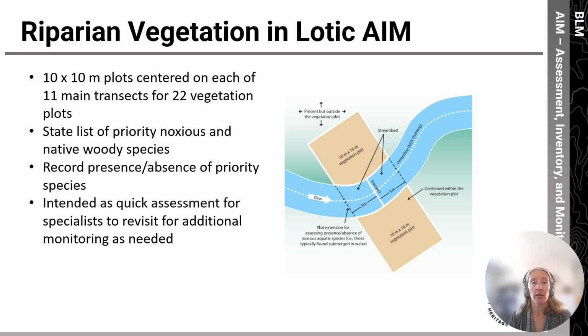Crews are provided and trained on a list of priority noxious vegetation and priority native woody vegetation. In each plot, they record the presence or absence of these species. This is intended as a quick assessment, not a quantitative vegetation survey, and is meant to flag potential species of interest for specialists to revisit and collect more data as needed.